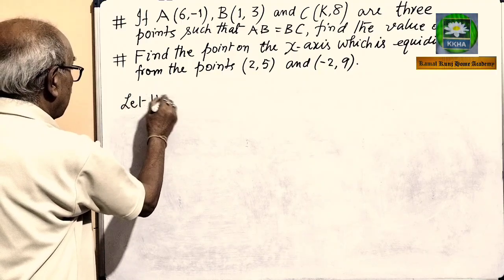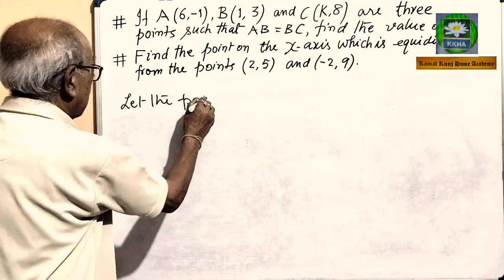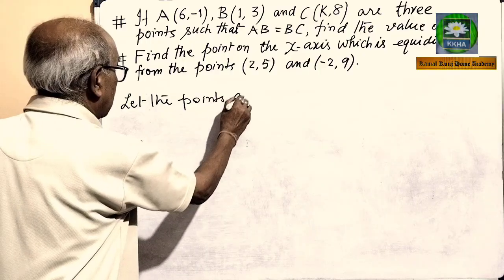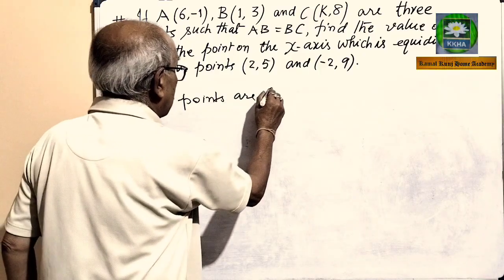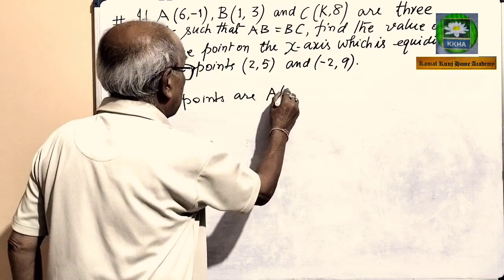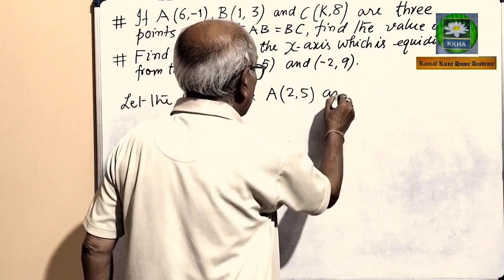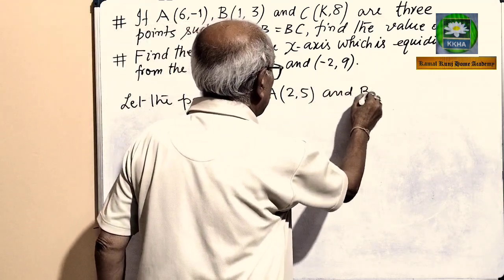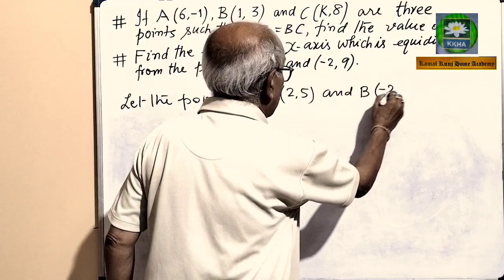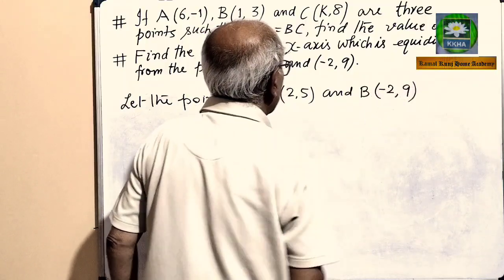Let the points be A (2, 5) and B (-2, 9).